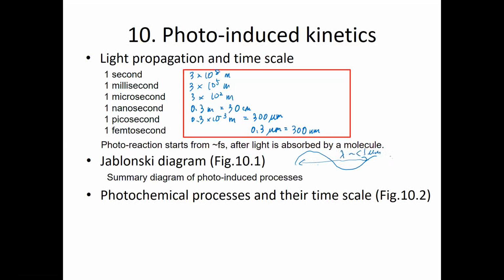Compared with a molecule, which is on the order of angstrom level, less than 1 nanometer, this wavelength is still very big. This wave propagates through the molecule, light absorption starts, and then the photoreaction starts. So this is the starting point of the photochemical reaction.